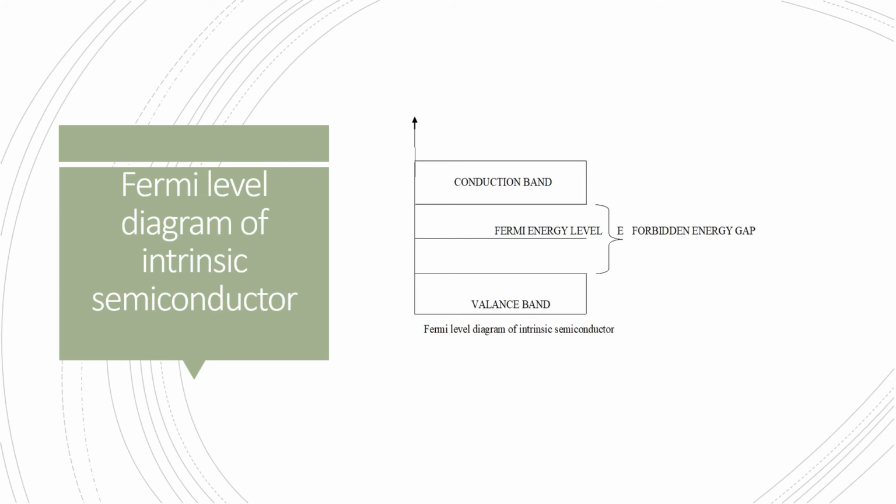But when the temperature is at room temperature, some of the covalent bonds break and electrons become mobile, and that's why there is a forbidden energy gap in between the conduction band and the valence band.